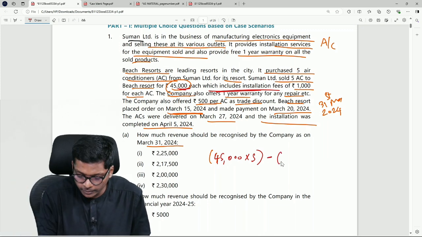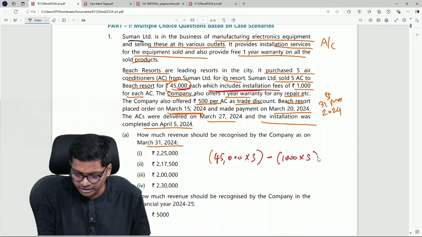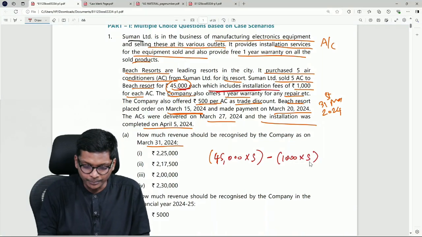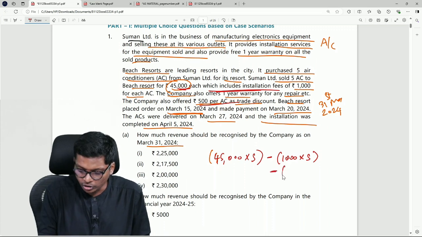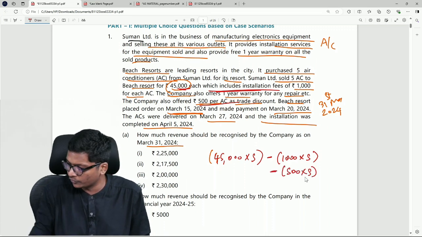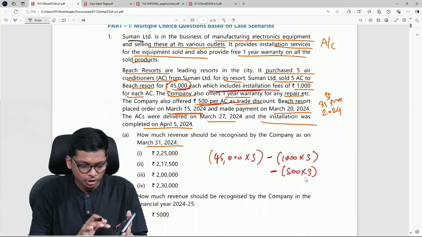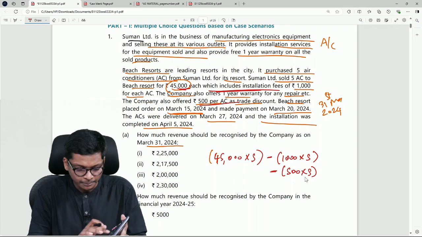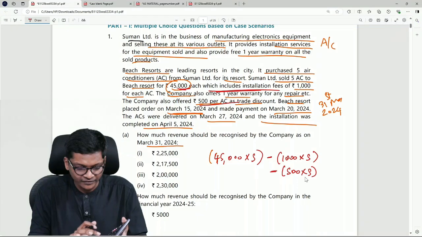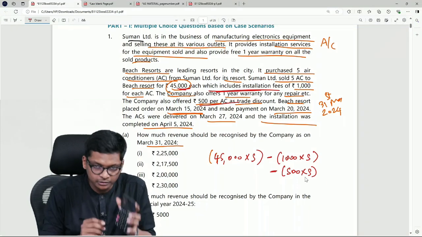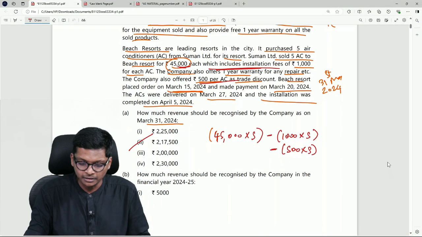So I have to remove 1000 on installation into 5, and company also offered 500 per AC as trade discount, so I will again reduce 500 into 5 and recognize the net. So 45,000 into 5 gives me 2,25,000, minus 5,000 you will reduce for service, another minus 2,500, so 2,17,500 is what you get. This will be your answer for this year.